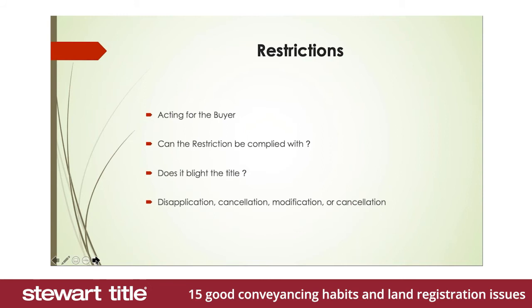Disapplication, the Land Registry will look at evidence from you as to what attempts you've made to comply with the restriction, and if it is disapplied, notice of disapplication is put on the title, and the disapplication applies for the current disposition only. The restriction resurrects itself for later dispositions. With modification, the modification is permanent, but with modification, the Land Registry will normally make their own investigations to see what the problem has been relating to the restriction.